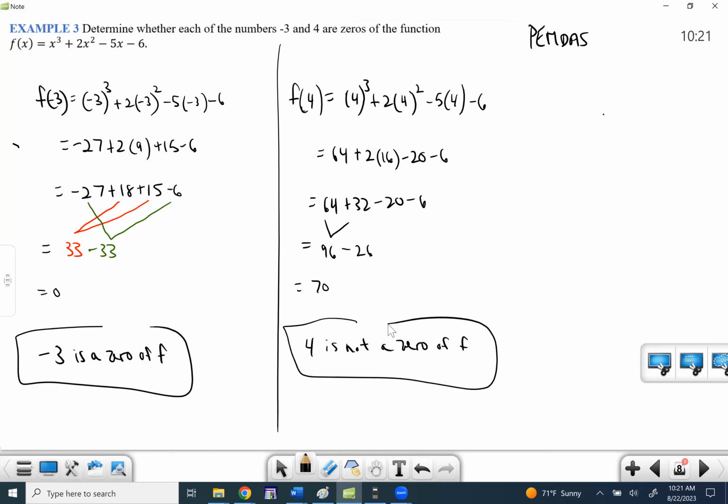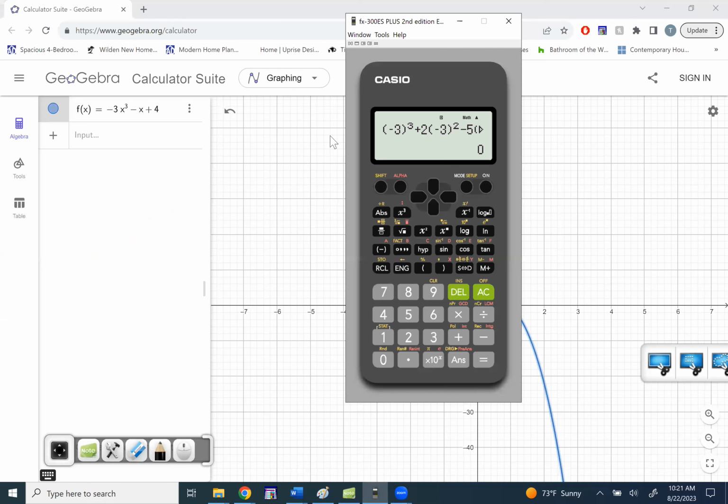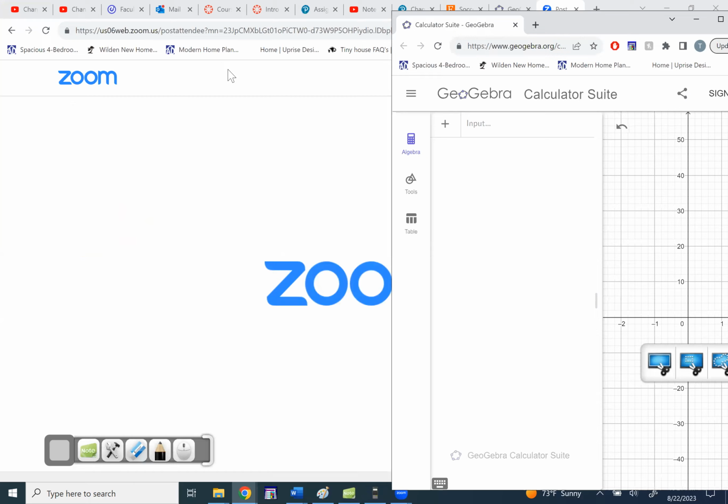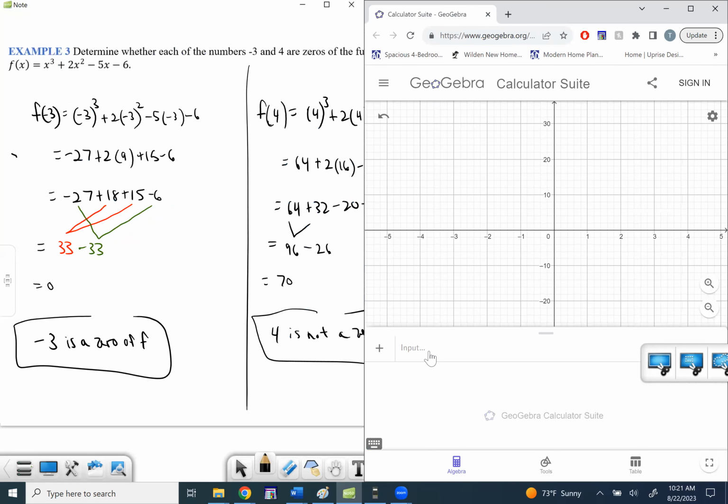Okay. And you can always go in and graph this, and we should be able to see that that is the case. Okay, so let me delete this out. Switch this guy over. Let's put this in and see if this is the case. X to the third plus 2x to the second minus 5x minus 6.